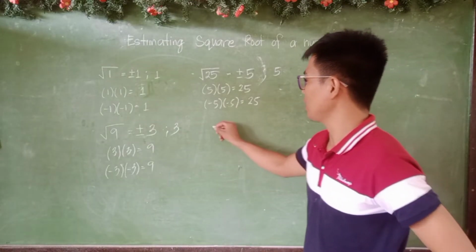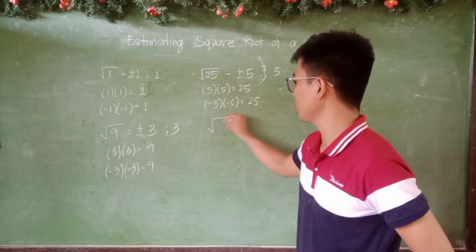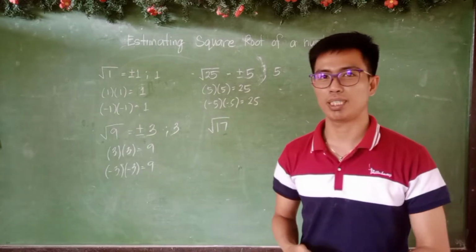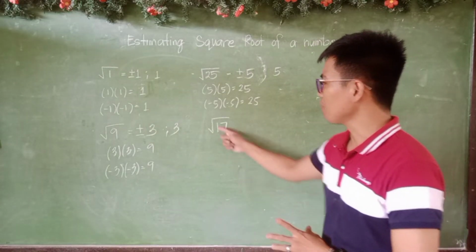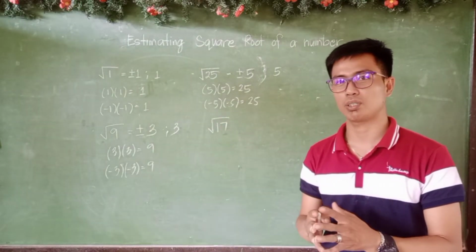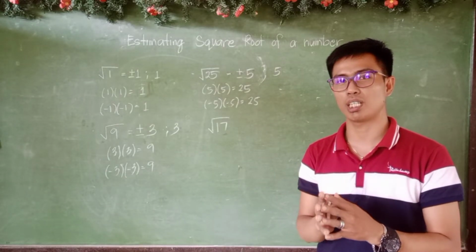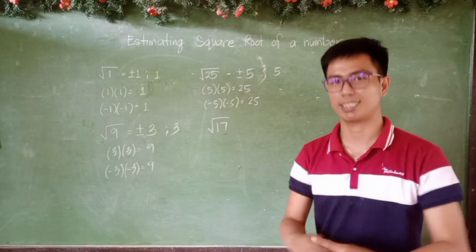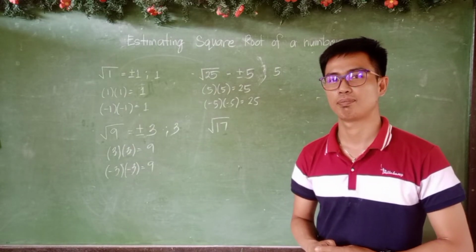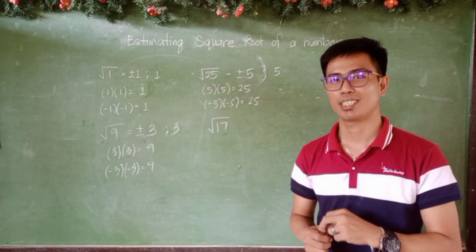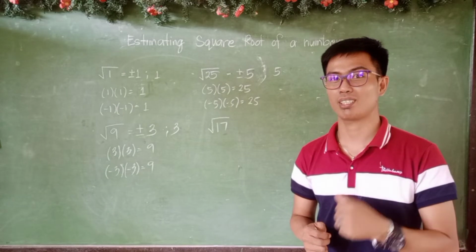What if the given is square root of 17? Think of a number that can be multiplied to itself and the result will be 17. There is no number that when multiplied to itself, the result is 17.